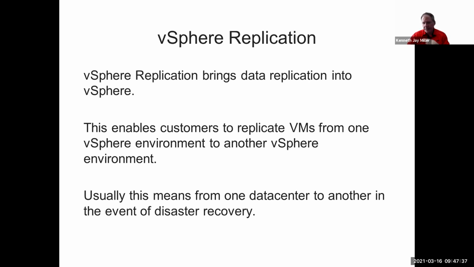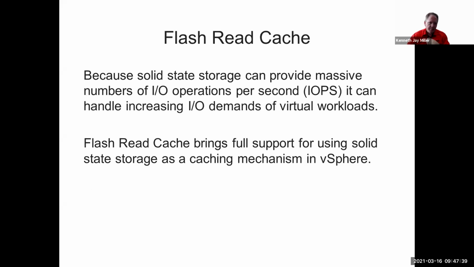Okay, there's just a couple more things I want to get to with vSphere. There's also the flash read cache, where because solid state storage can provide a massive number of input outputs per second, or IOPS, it can handle increasing demands. So flash read cache brings full support for using solid state drive storage as a caching mechanism in vSphere.